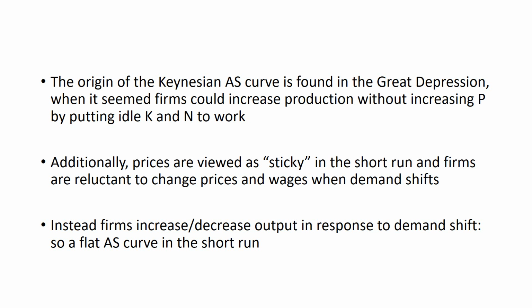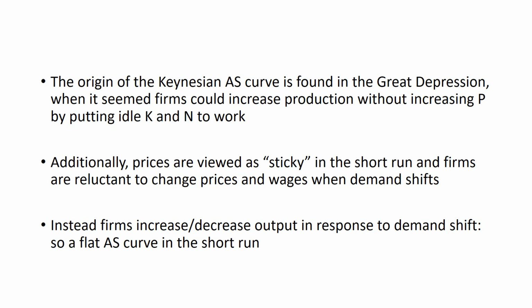The origin of the Keynesian aggregate supply curve was that when John Maynard Keynes was writing, it was around the Great Depression, when there was widespread unemployment and a widespread underutilization of resources. So it seemed that firms were able to increase production without increasing prices, simply because they were able to put the idle capital and labor to work.